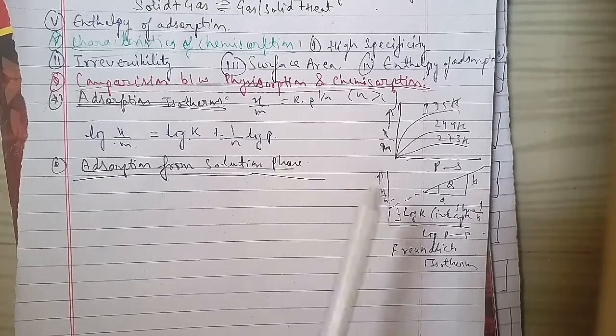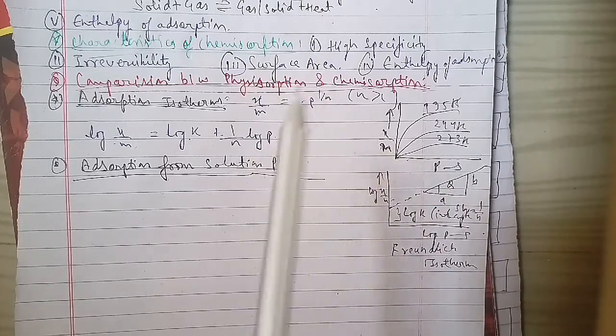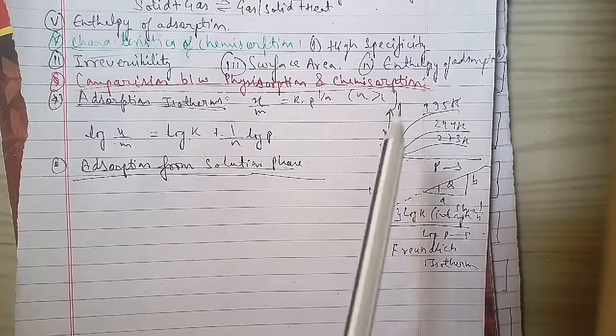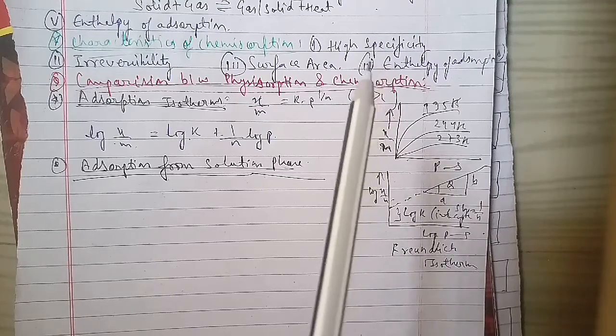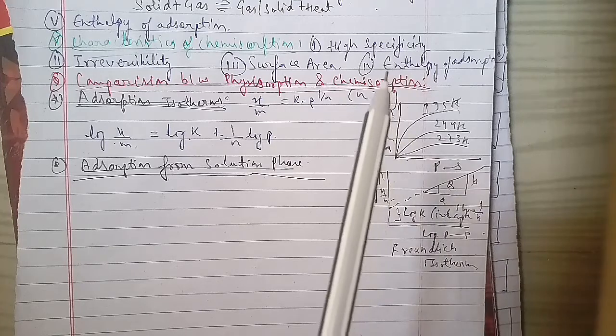The precise mechanism of adsorption from solution is not known, and the Freundlich equation approximately describes the behavior of adsorption from solution, with the difference that instead of pressure, the concentration of the solution is taken into account.